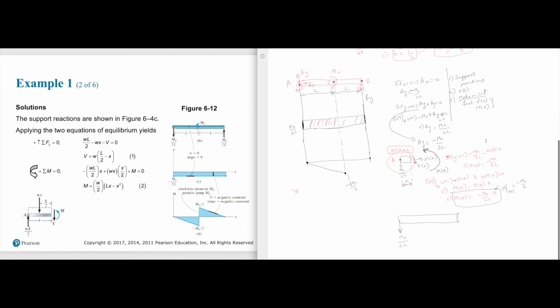So it's M naught over 2L at A, and at C, you have M naught going clockwise. And we made a cut between C and B. So B is somewhere here. We made a cut between C and B, and you write the normal force at X, shear force at X, bending moment at X, where this is X now.